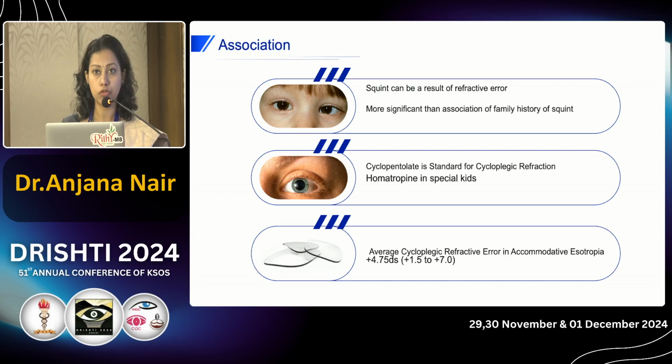It is almost comparable with the atropine 1% regimen. And in special kids, it is preferable to use homatropine, since cyclopentolate carries a risk of seizures or some neurological difficulties. So in accommodative esotropia, the average cycloplegic refraction could be around plus 4.75.